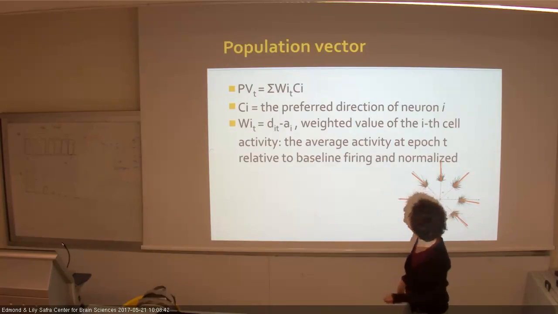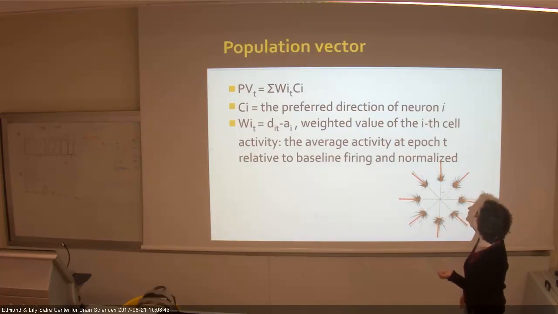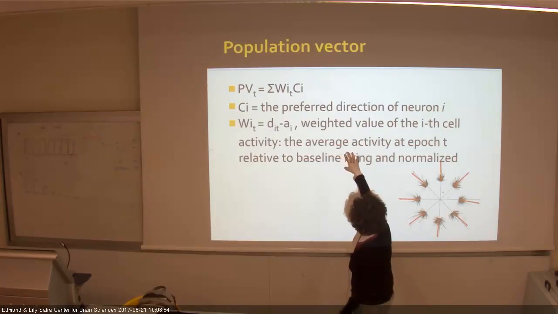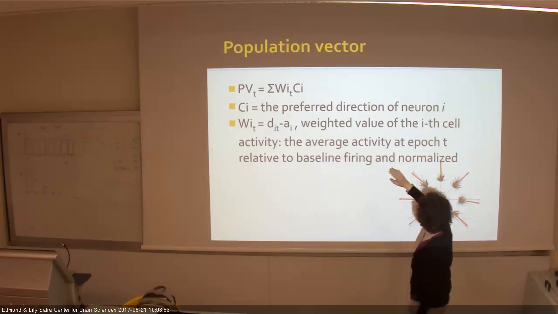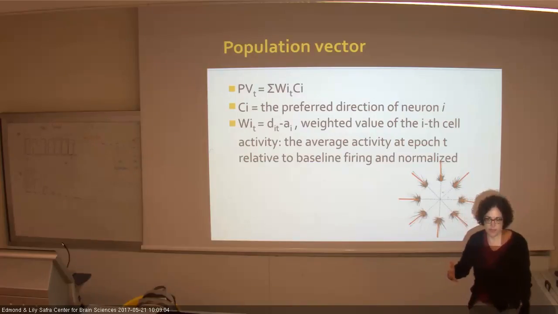The population vector is in fact a weighting: the preferred direction of the neurons multiplied by a weight value. The weight is the average rate of cell i at epoch i, minus the baseline fire rate.